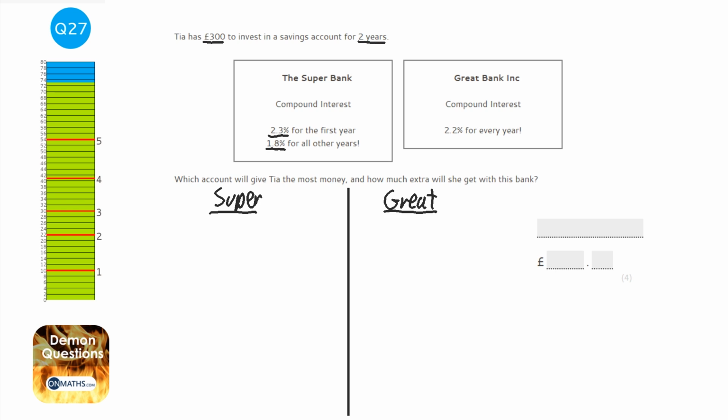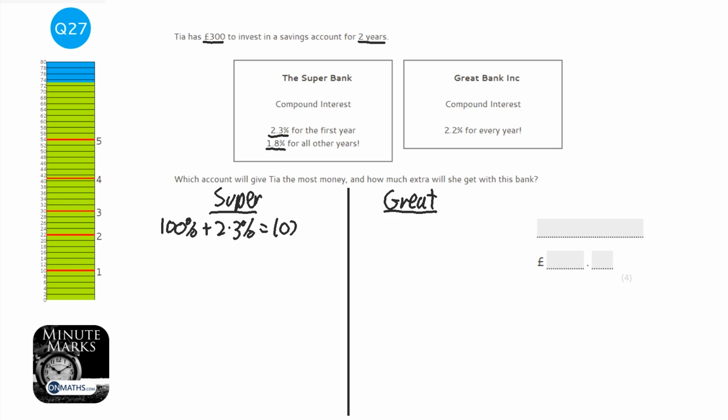So first of all, I want to work out what the multiplier is. Since this is the calculator paper, we use the multiplier method. So we start off with 100% always, and compound interest means we're gaining money. So we're going to go up by 2.3%. So that means we'll have 102.3%. So as a multiplier, what we do is we just divide that percentage by 100 to get it as a decimal into what we call a multiplier, 1.023.